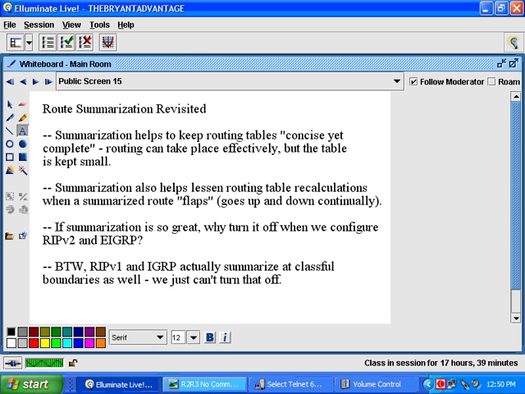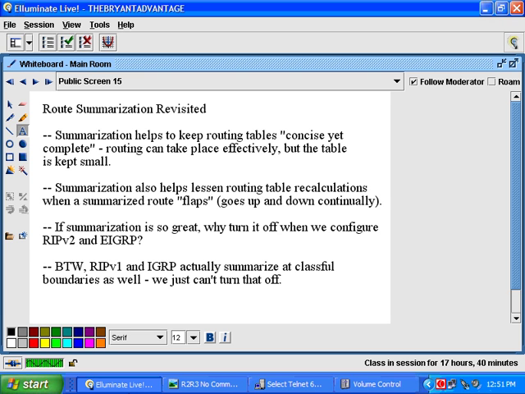And speaking of route summarization, we're going to revisit route summarization a bit. Now, you will see this throughout the course. You've already seen it in some of your routing protocols. When you get to BGP, you're going to see it in there as well. It's an important skill for the real world and for your exam. And why? Well, we've mentioned a couple times through the course that my personal favorite reason for it, the most obvious reason, is that it keeps our routing tables concise yet complete.